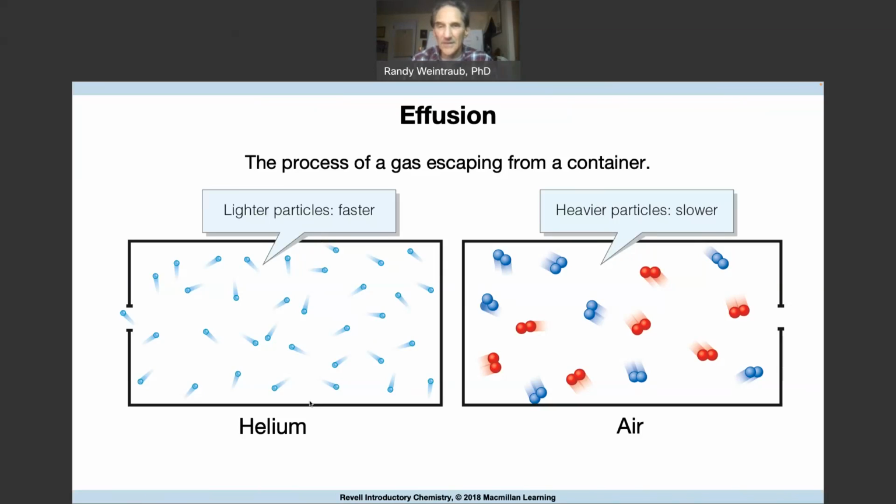The smaller helium particles, individual atoms as opposed to diatomics, shown with the CO2 and nitrogen, will escape more easily and faster. As a result, they are more likely to encounter the opening and leak out of the container.